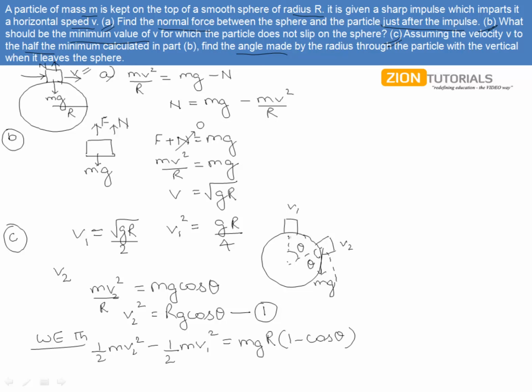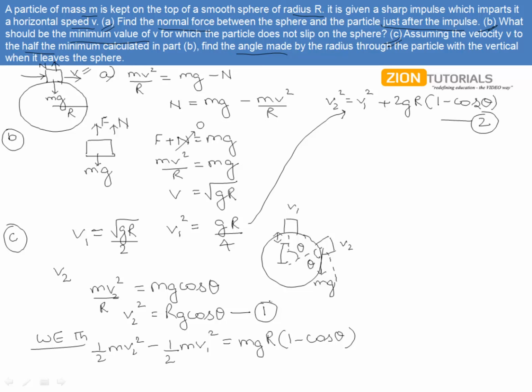This comes out by r minus r cos theta, so this gives us the height by which it has descended, right? So this gives us the equation of v2 square equal to v1 square plus 2gr into 1 minus cos theta. Now let us put the value of v1 from here to here and mark it as equation number 2.